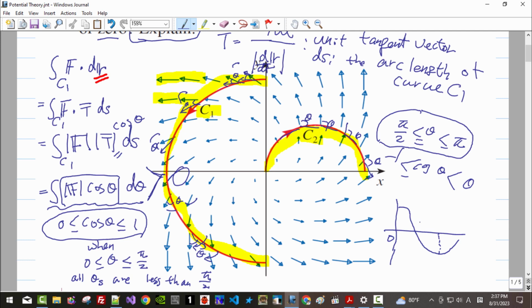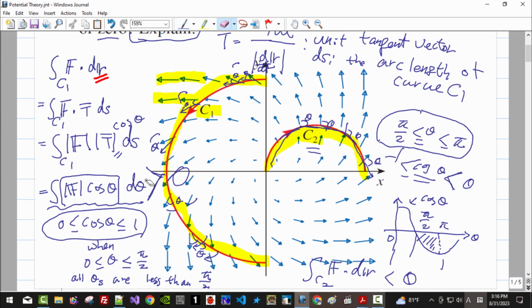This is 0, this is 2 pi. This is cosine theta. In this interval, cosine theta is less than 0. So we accumulate negative values along the curve C. The line integral of F dot dr along C2 is less than 0.